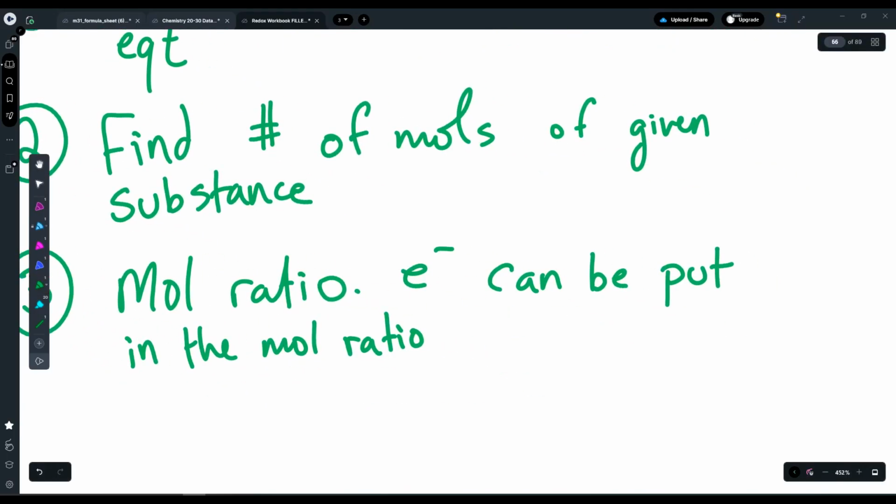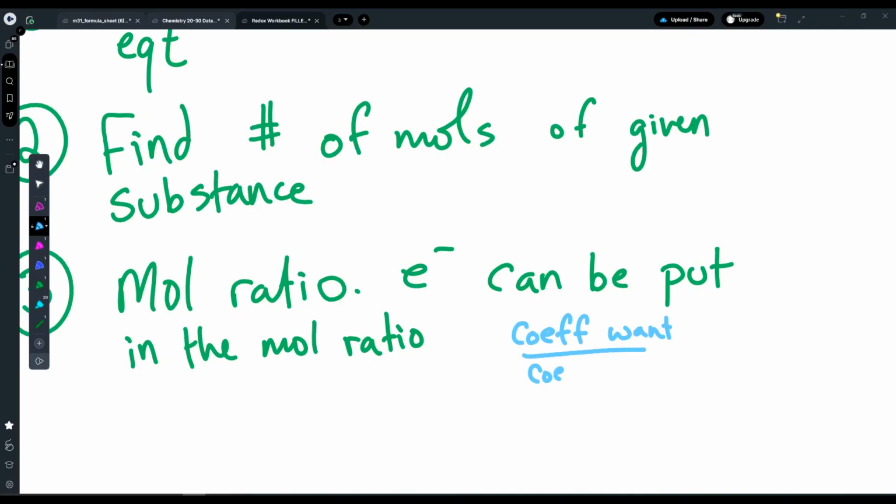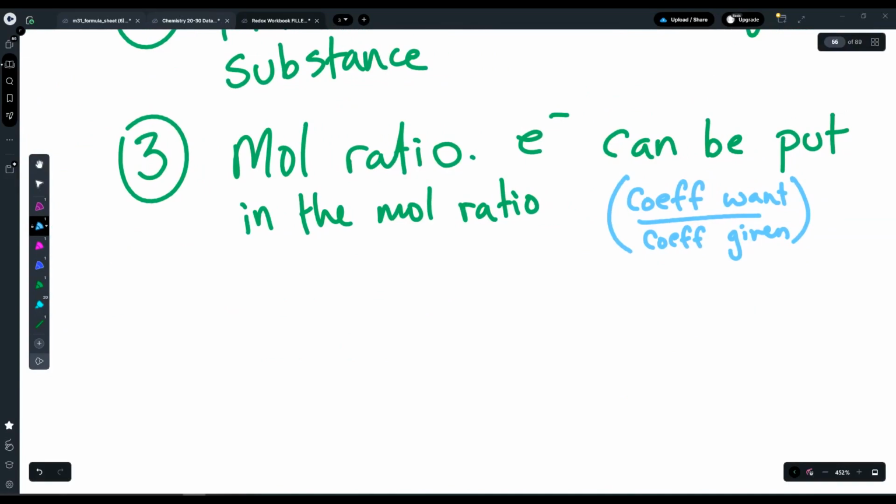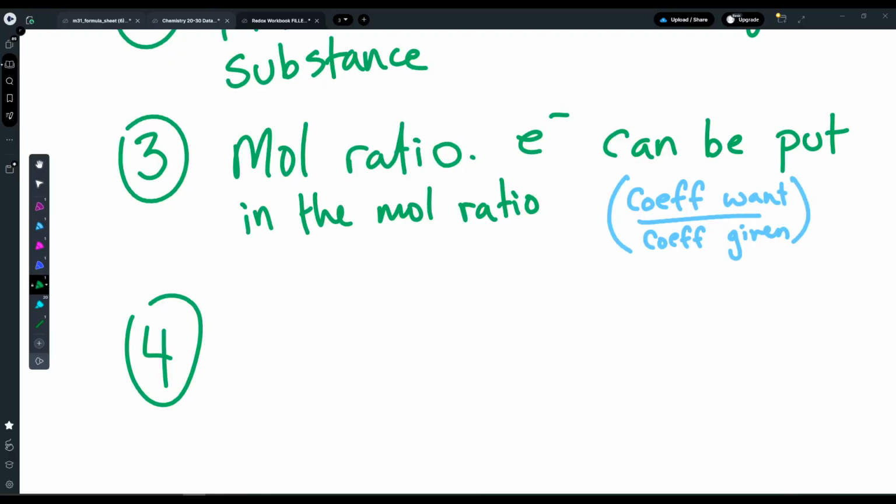And just as a reminder, the mole ratio is the coefficient of what you want divided by the coefficient of the substance that you're given. And then step 4 is essentially answer the question. So you're going to be converting the moles of your wanted substance into whatever units the question is asking for.